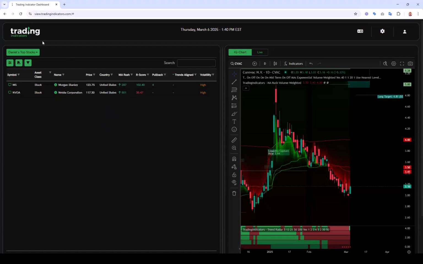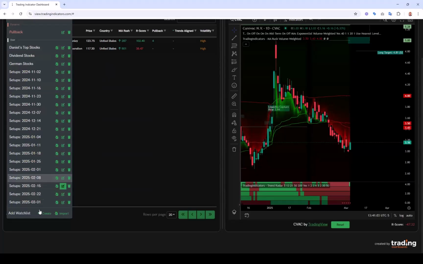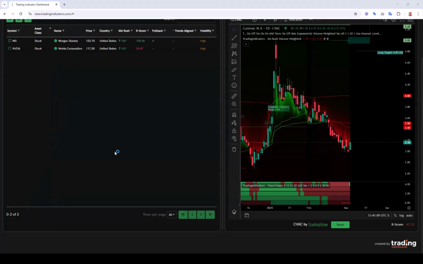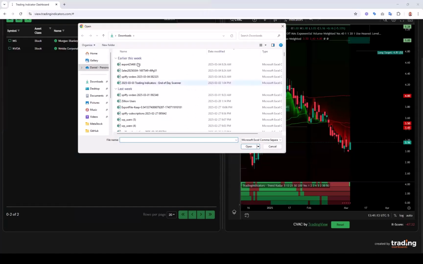There's one more thing actually I forgot to mention: you can also import symbols to a watch list. For example, here you can click the import button. You click import. This will open up a dialog. And in here, you can select a CSV file, which is basically a comma-separated file, which must have in column A of your spreadsheet all the symbol names that should go into your watch list.